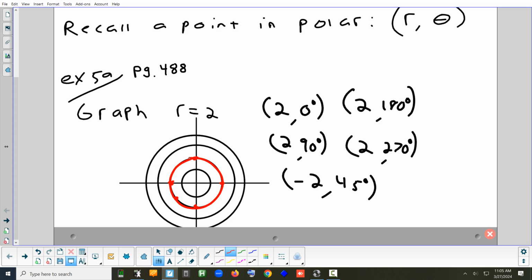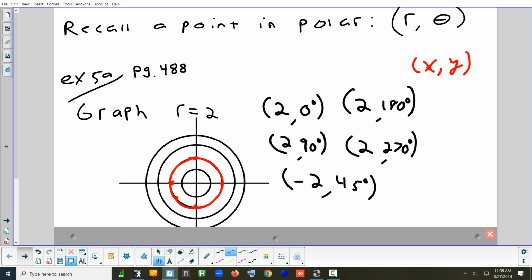Now, when we graph something, think of rectangular. You can graph just y equals something, and it's a horizontal line. You can graph just x equals something, and it's a vertical line. We're doing the same thing in polar. I started with r. r equals something is a circle.